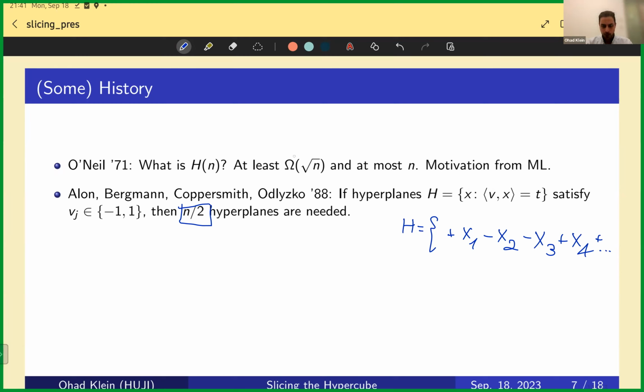So there is a gap between square root of n and n over 2. This is a result by Alon and co-authors.